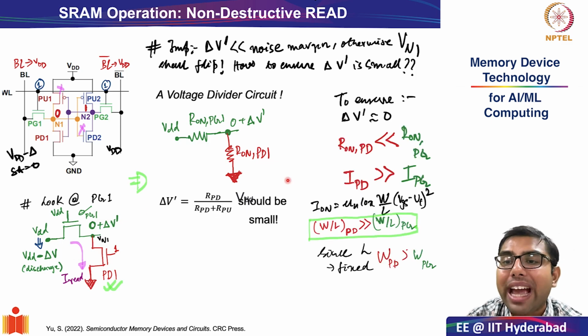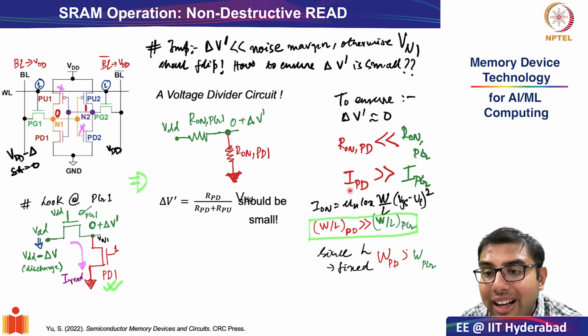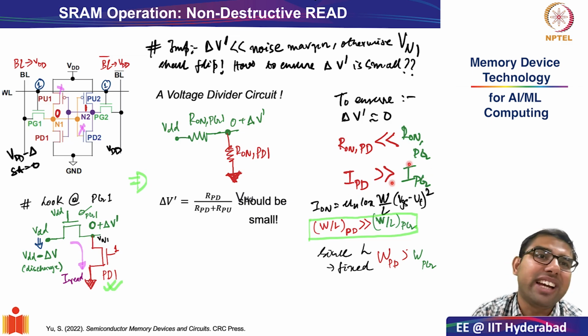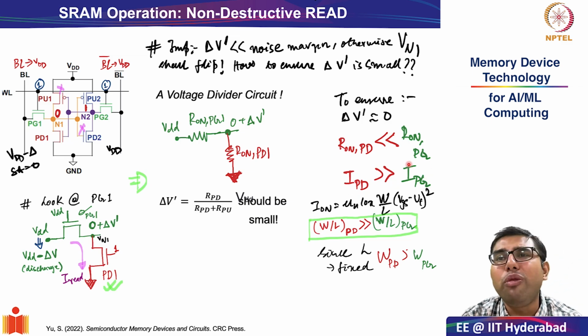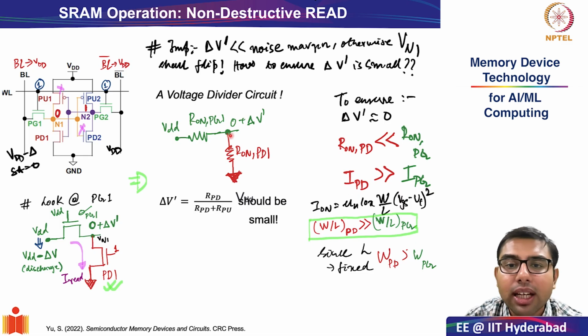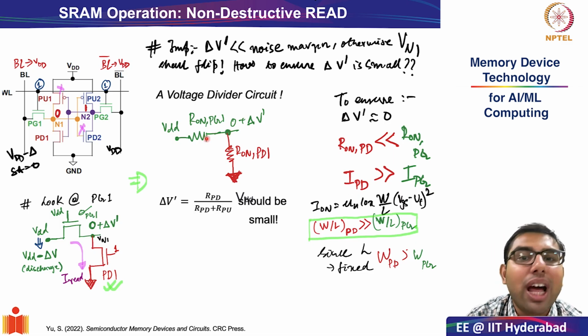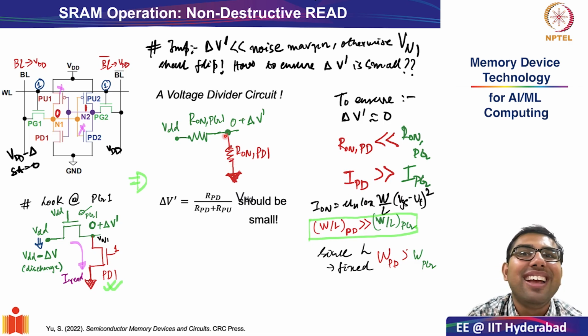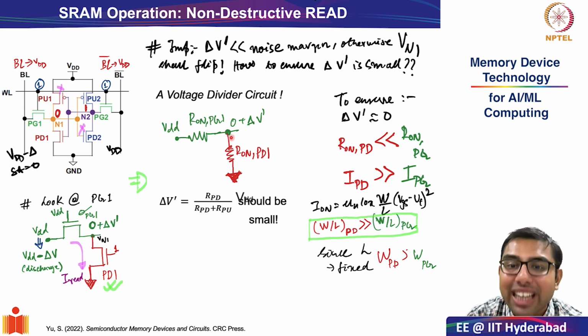The other way of looking at it is to see that the current or the drive strength of the pull down transistor should be much greater than the pass gate transistor. Okay, a very logical way to look at the same is, suppose there is a tug of war between guy PG1 and guy PD1. If I want to bring the voltage close to 0, which is on the other end of PD1, it is but obvious that PD1 should be the stronger transistor, right?